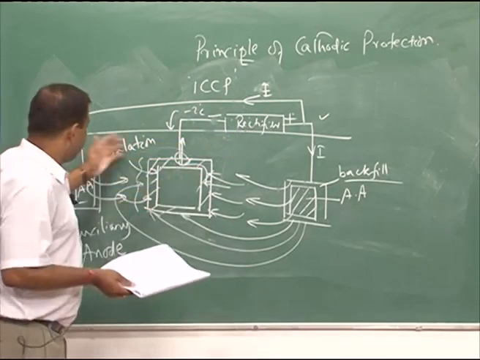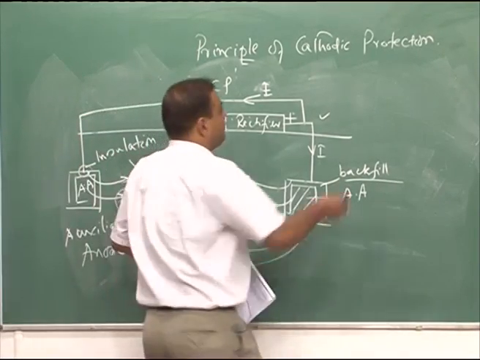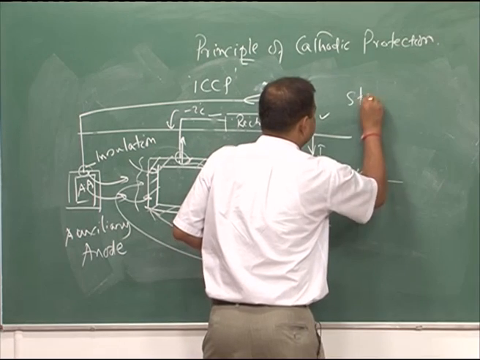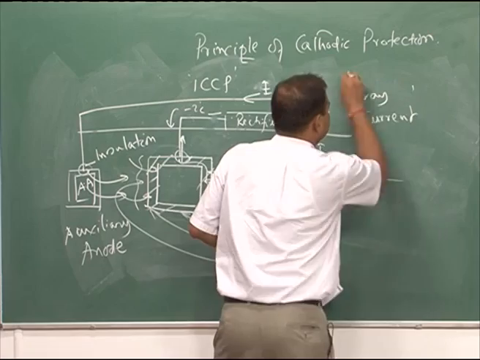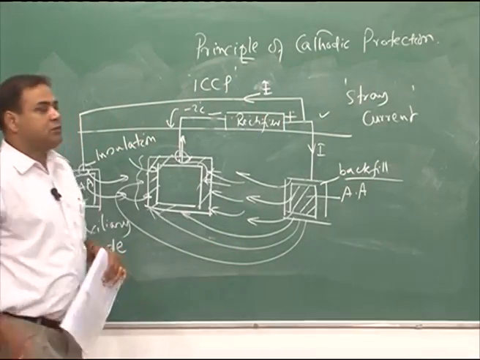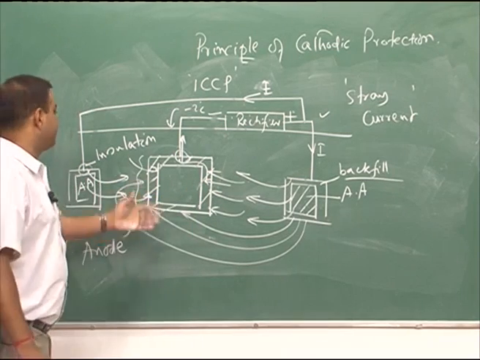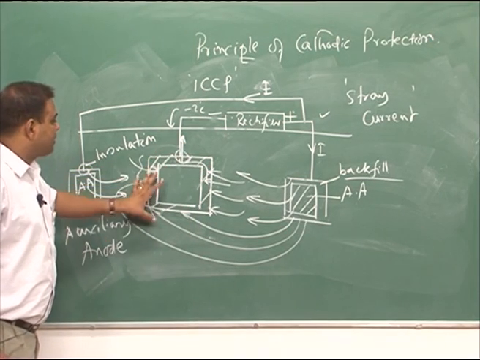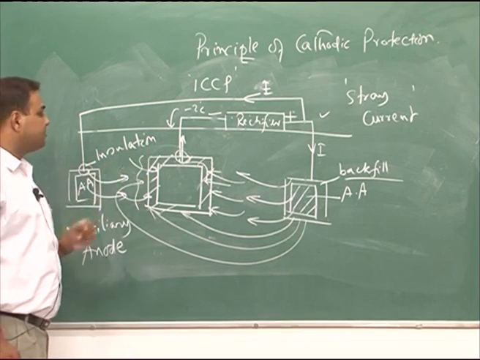But it is a little costly method because you need to have an external power source. And this can have some other problem related to stray current. How is it possible? Let us say some company has gone for protection of a steel tank, which is a buried steel tank.